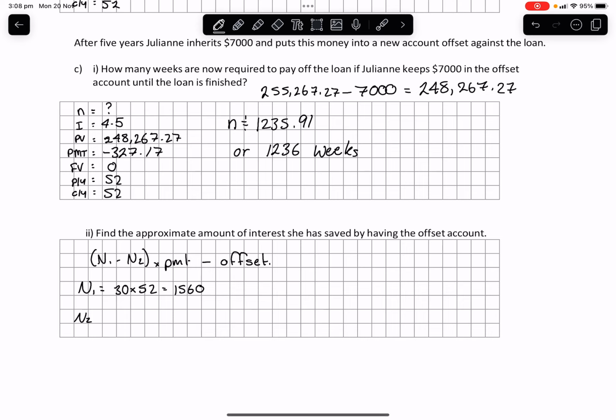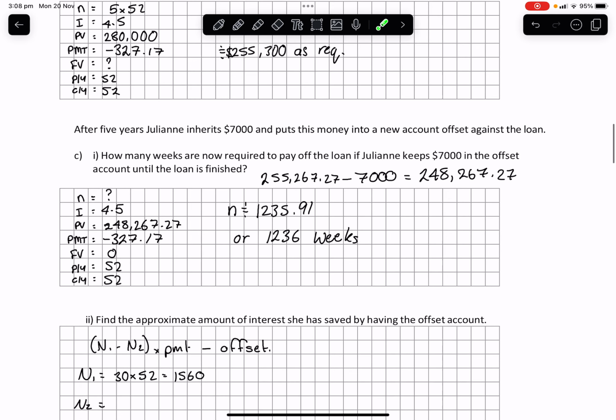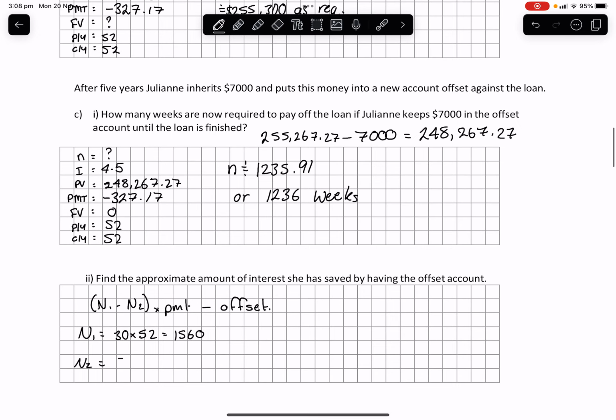Now, N2, this is where it gets a little bit tricky, because we actually had 5 years before the offset, plus the remaining time to pay off the loan. So I've actually got 5 times 52 plus the 1236 to finish it off. Now that itself is 1496. So there's my N1 and my N2.